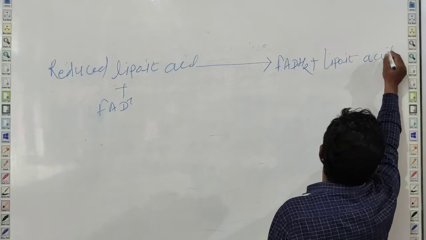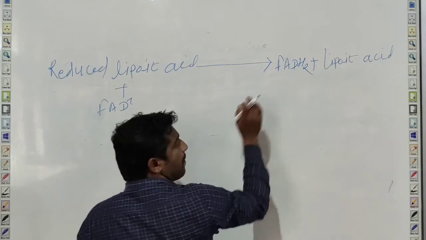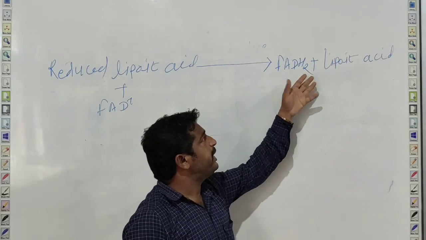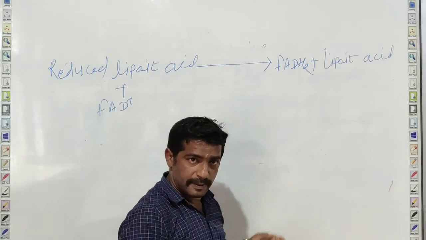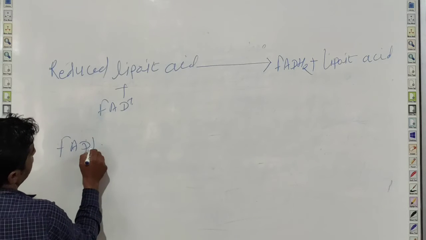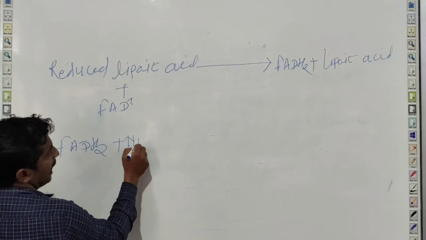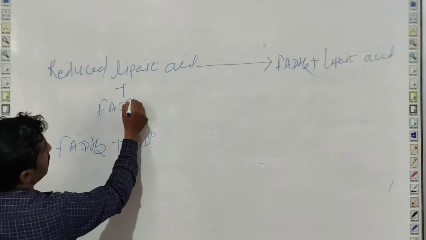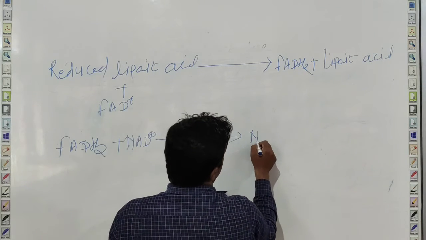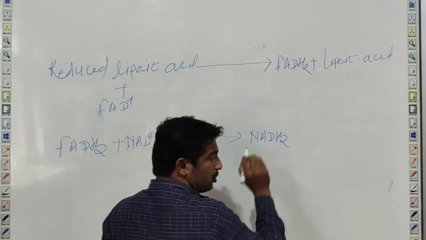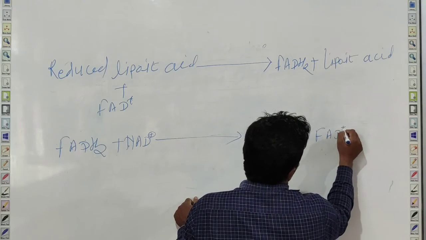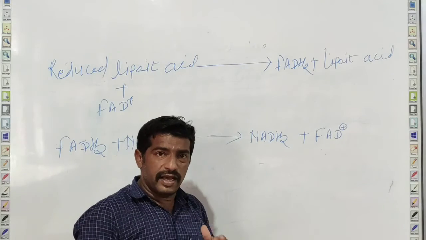Lipoic acid is released. Now this reduced FADH2 transfers its electrons and protons to NAD. FADH2 plus oxidized NAD, so finally a true reducing power NADH2 is formed, and again FAD is here.